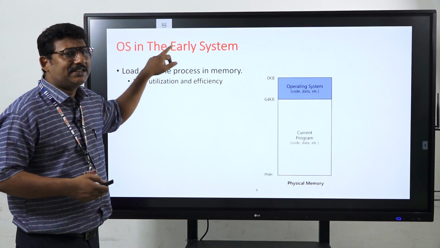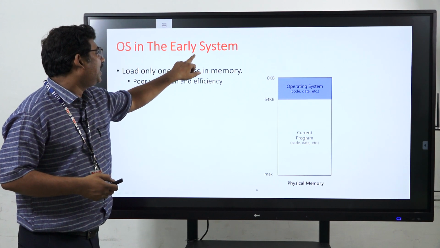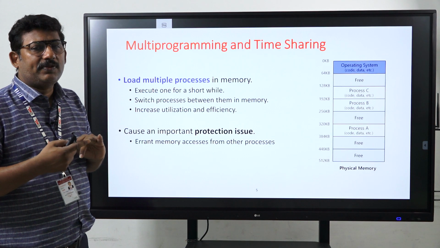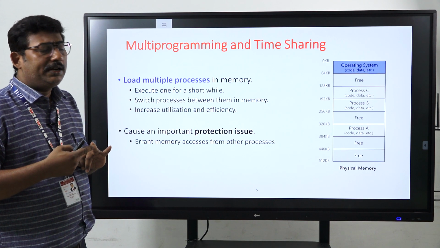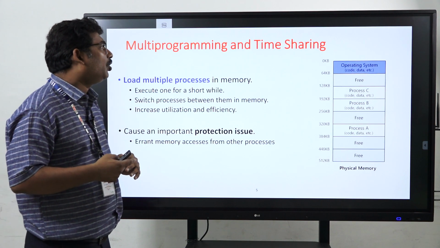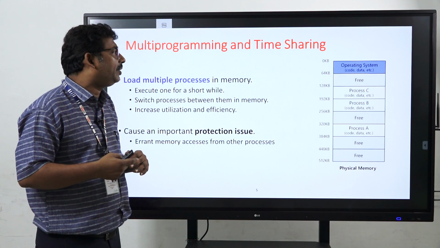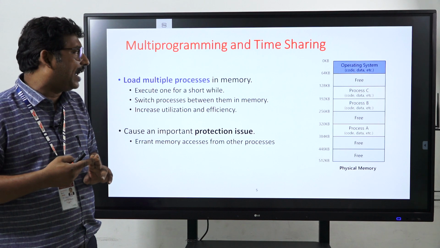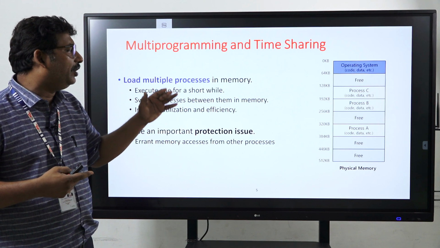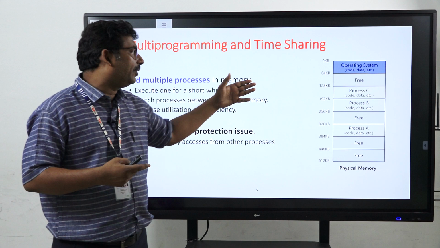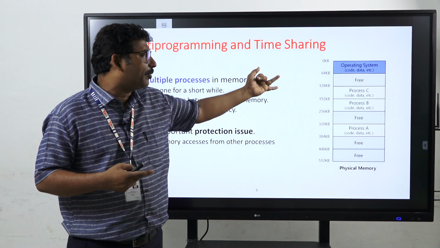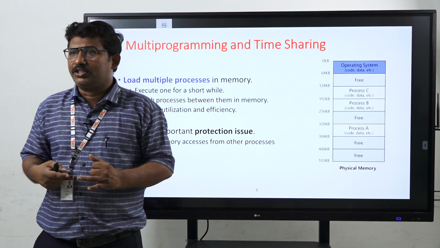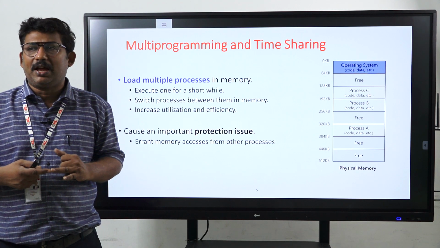So the operating system in the earlier system consists of code as well as data, whereas in the multiprogramming system, that is the time sharing multiprogramming system, the operating system will use code and data, and each process will use this code and data, with process A, process B, and process C. In total the physical system is using three processes.